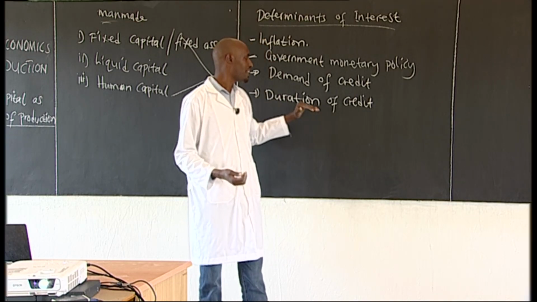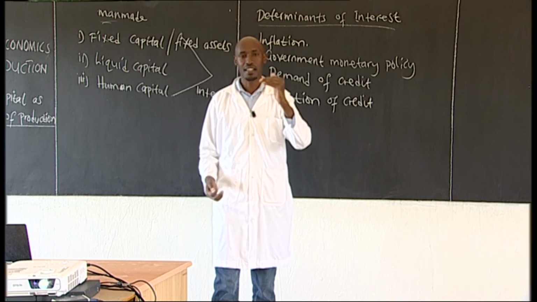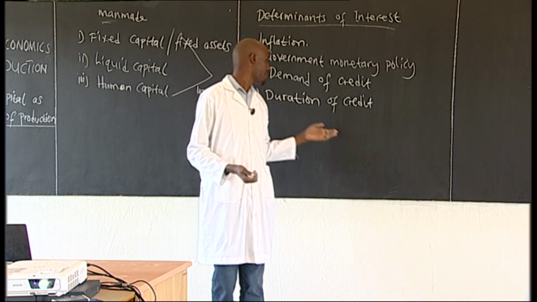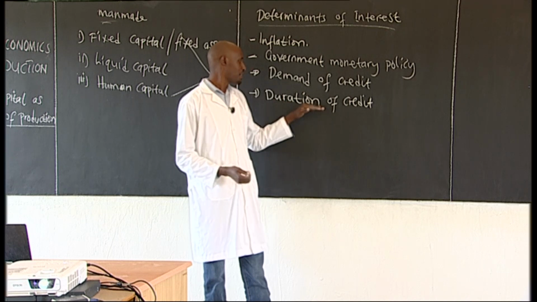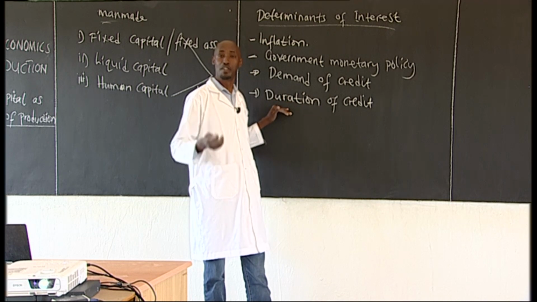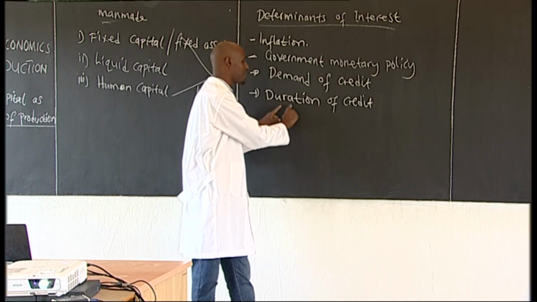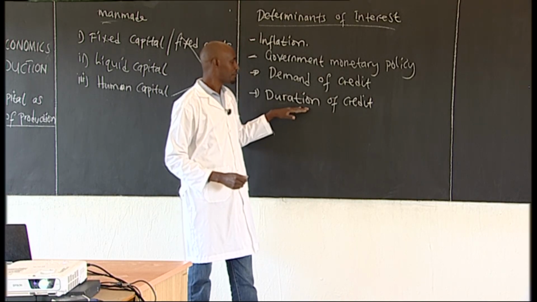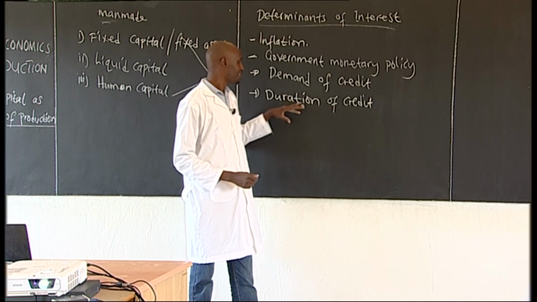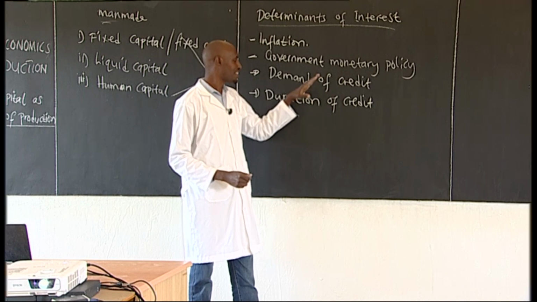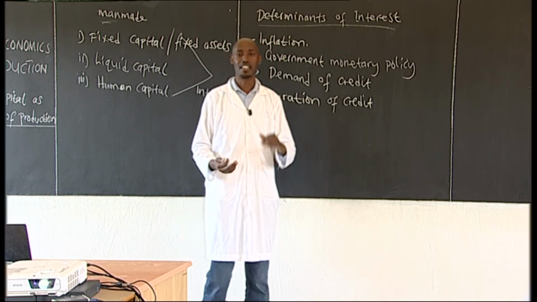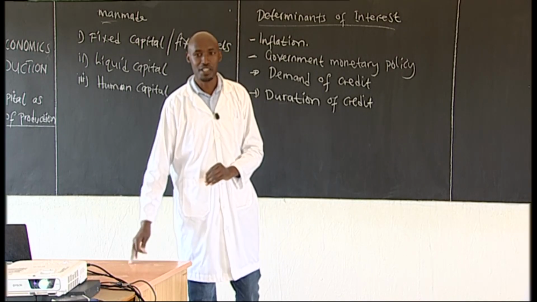So you find when the duration is high, even the interest rate will be high. If I talk of duration, you understand, it is the whole period of credit. If it's high, interest rate increases. If it's low, it also decreases.